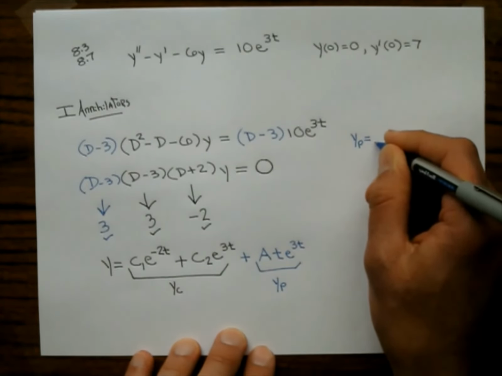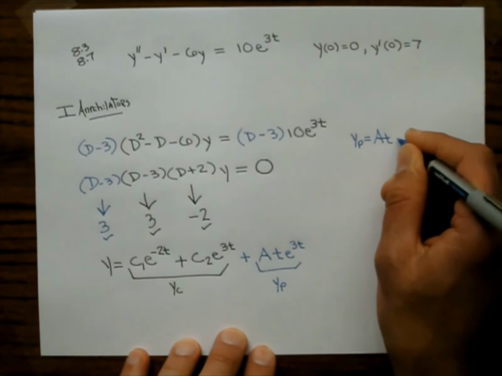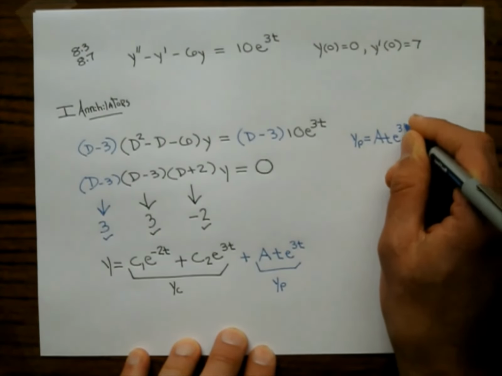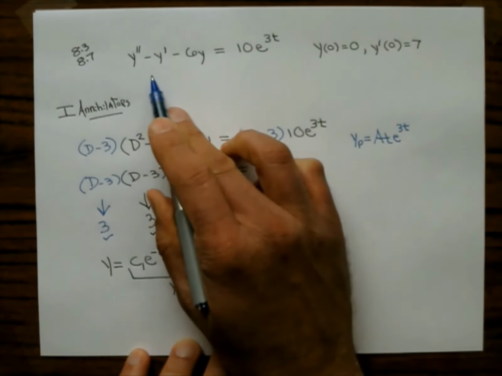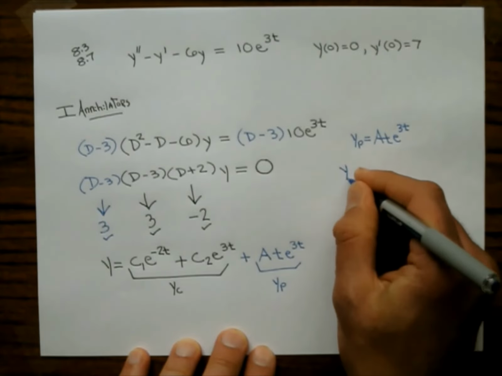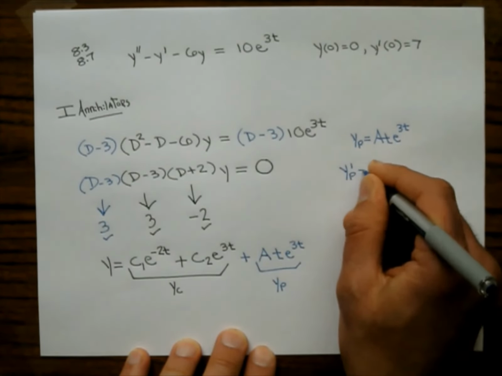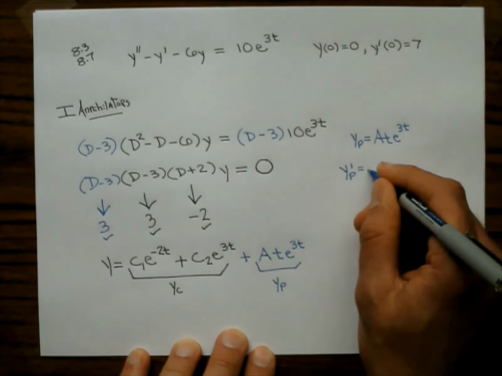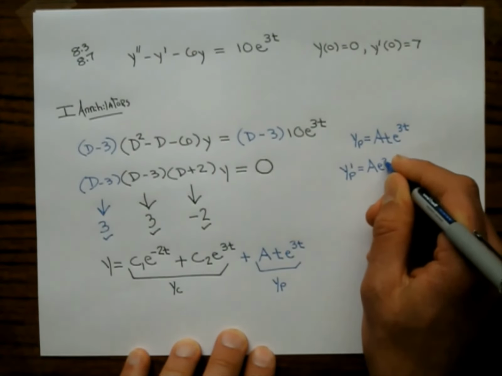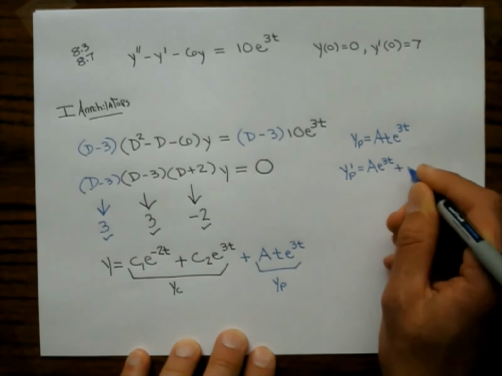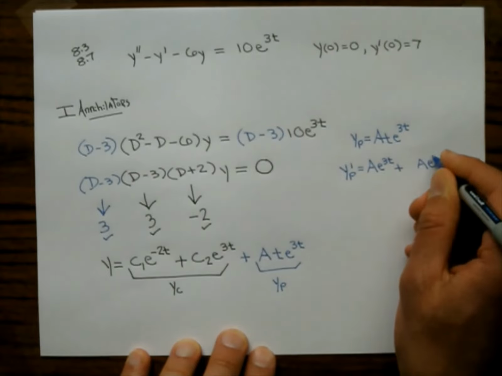In order to do that, I need to take the first two derivatives. Do you see that? So y sub p prime is a product rule: the derivative of the first times the second plus the first times the derivative of the second.